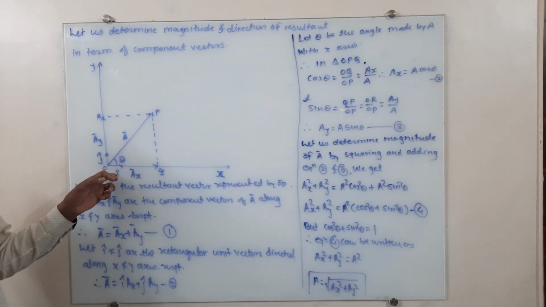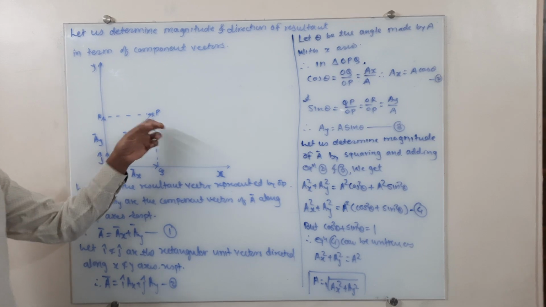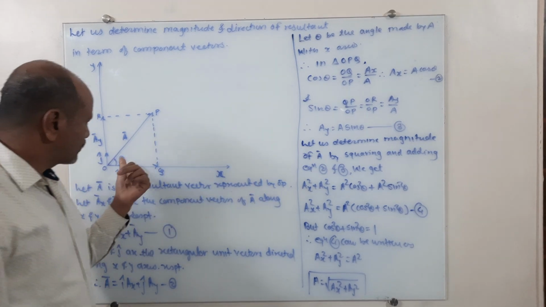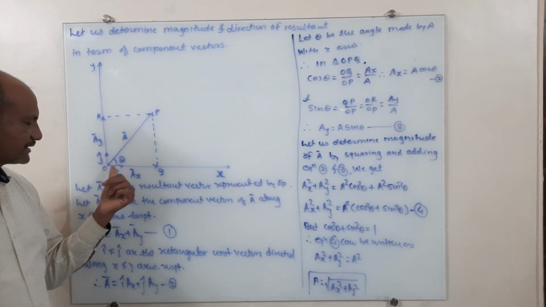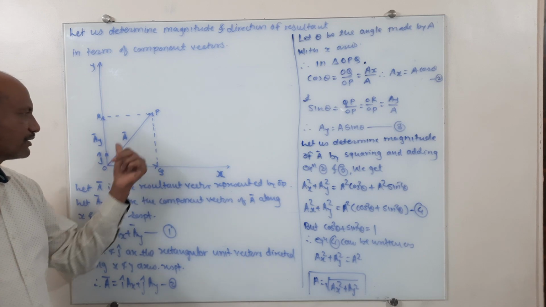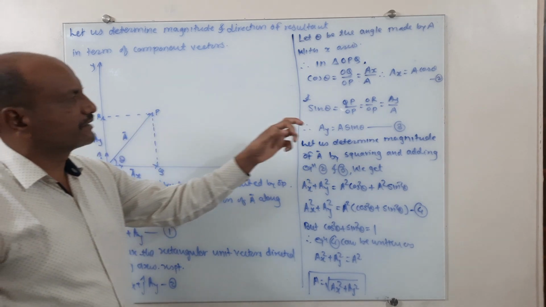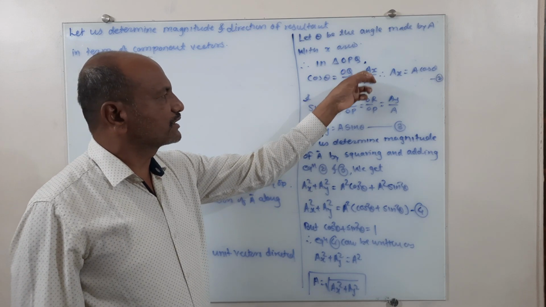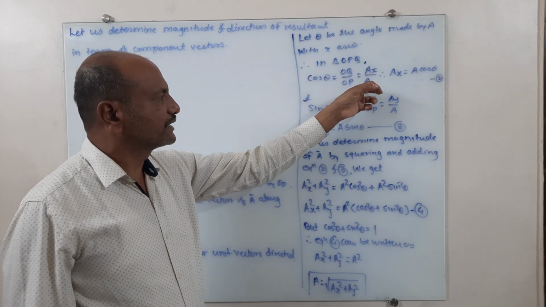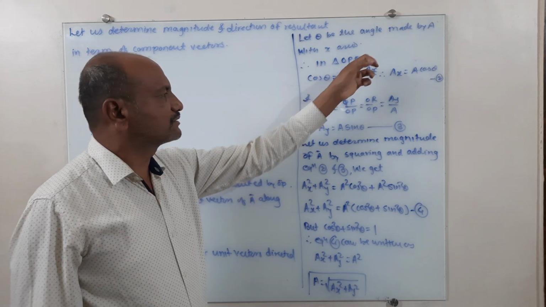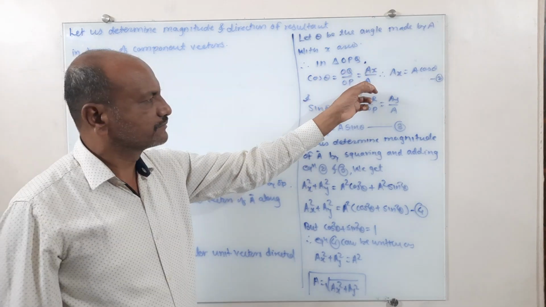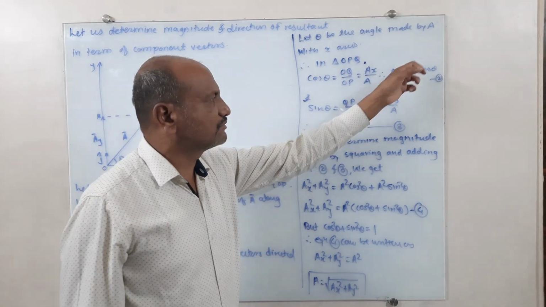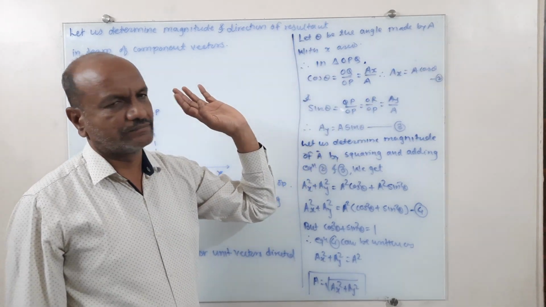Now in triangle OQP, cos theta is equal to adjacent side OQ upon hypotenuse OP. That means cos theta is equal to OQ upon OP. OQ is equal to what? AX. OP is equal to A. Therefore, cos theta is equal to AX upon A, and AX is equal to A cos theta.